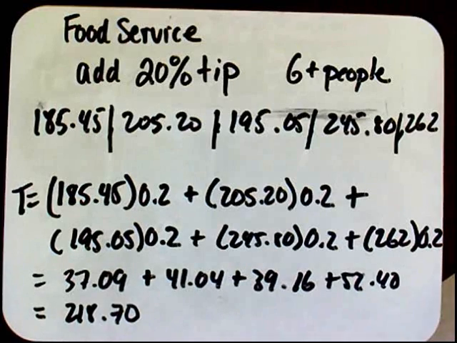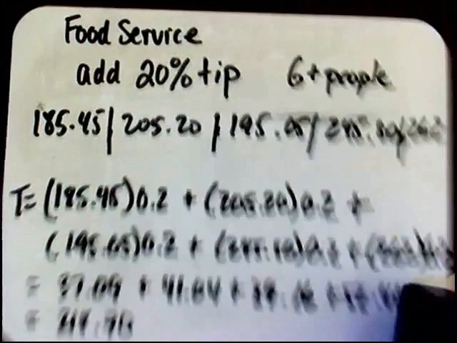The second way that you can actually do this is by adding up everything inside of the parentheses and then multiplying it by 0.2.